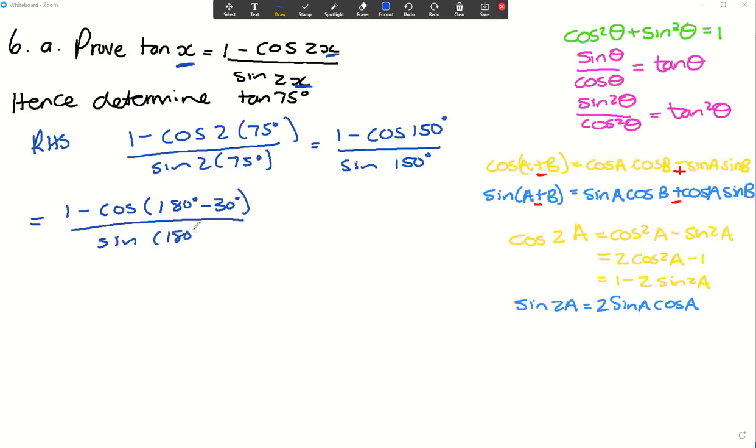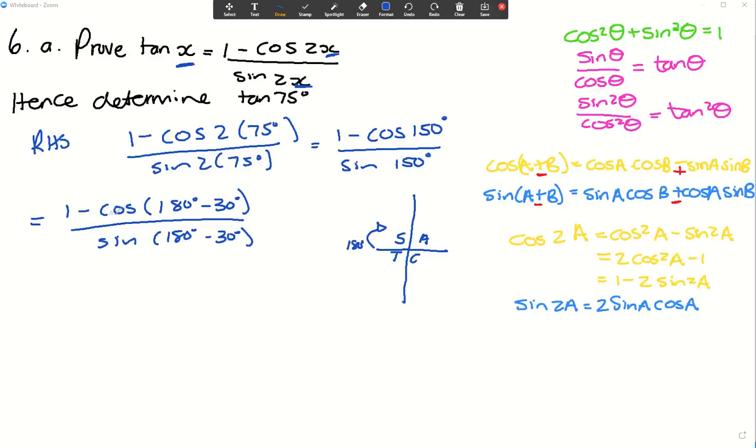Now remember, my reduction formula exists on a Cartesian plane, and I've got cos that I need to deal with, and I need to understand where I am when I'm dealing with cos 180 minus 30. So 180 minus 30 takes me into this quadrant. There's your 180 degree line, that's your minus 30. In this quadrant, the only trig ratio that is positive is sine.